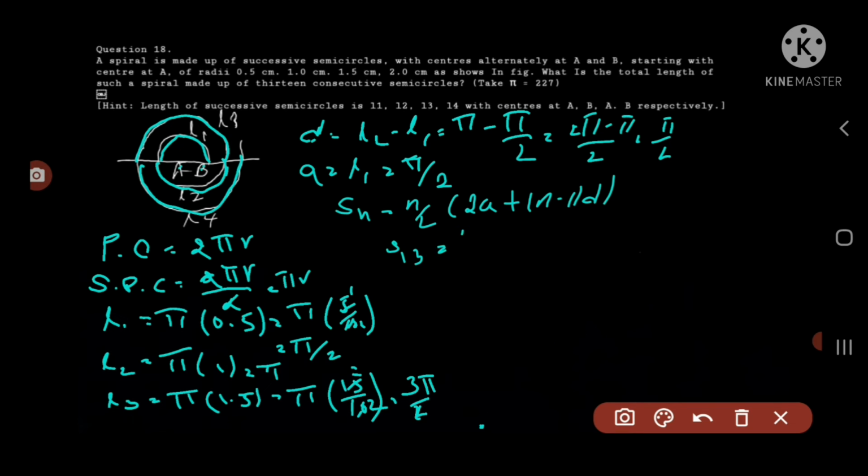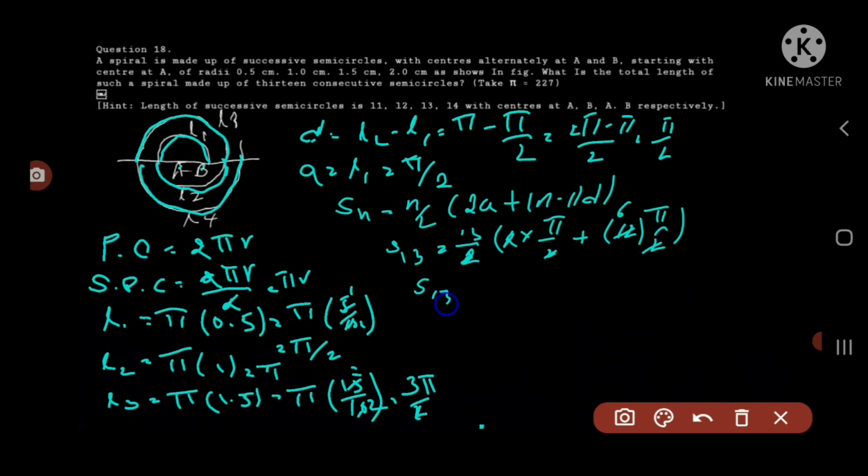That means S13 is equal to 13 by 2 into 2 into the A value pi by 2, plus 13 minus 1, which is 12, into the D value pi by 2. Here 2 ones are 2, 2 sixes are 12. This 2 and this 2 get cancelled.